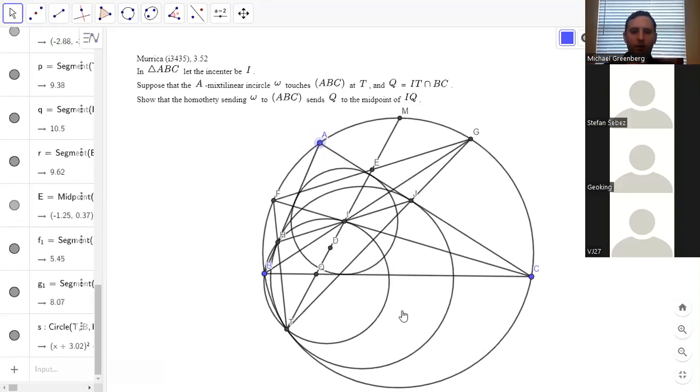Is there another point on that which works well with the homothety? So yeah, how do we use that midpoint, the fact?